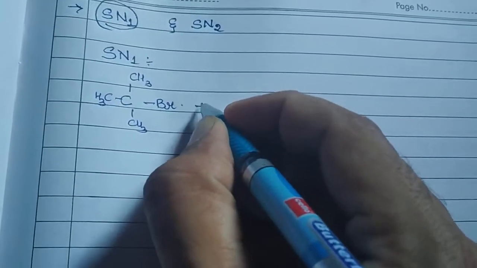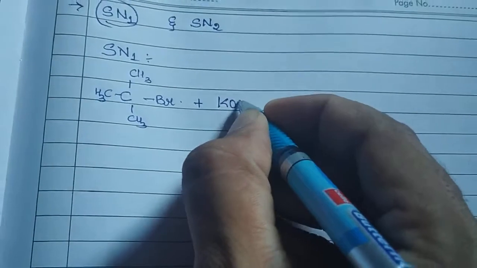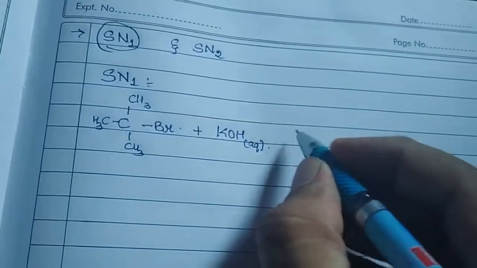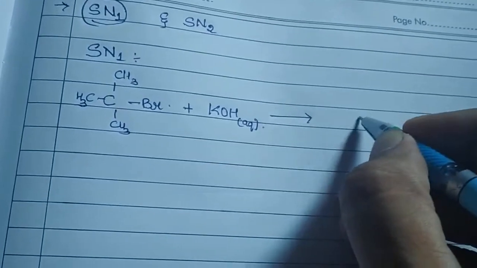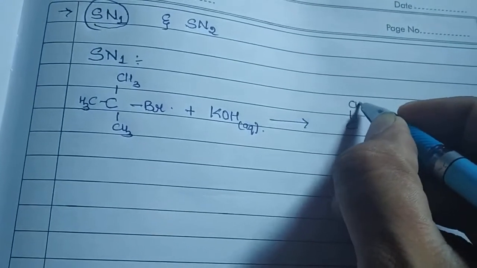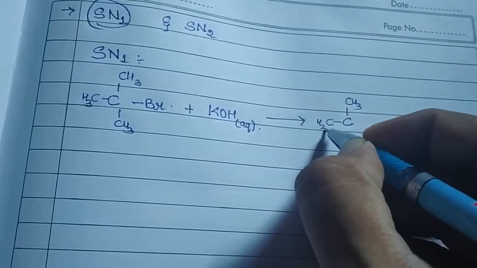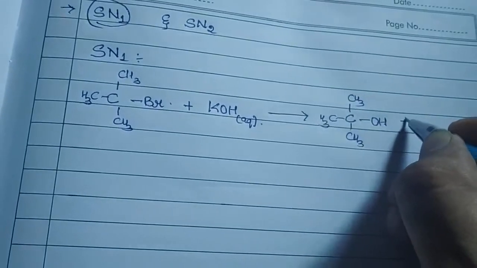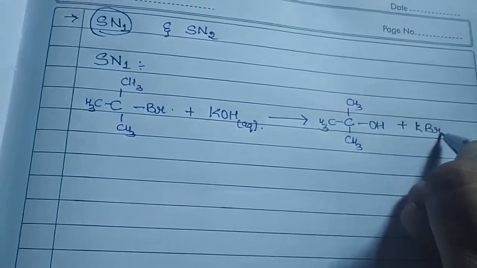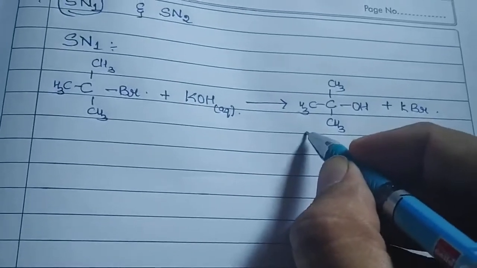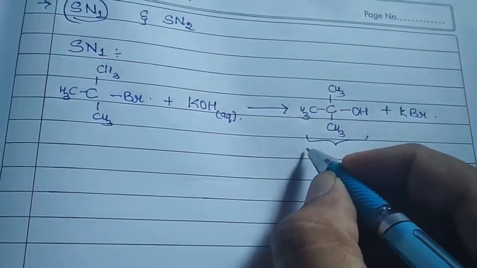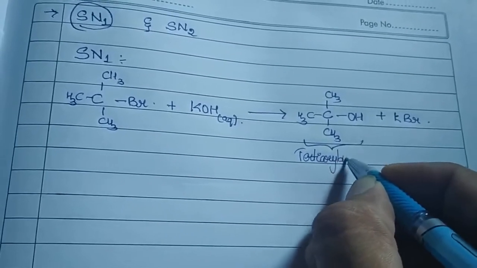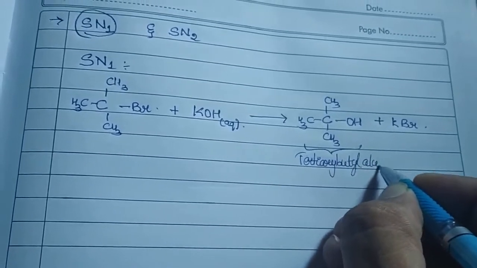So when I am treating this with, remember, aqueous KOH, what I am getting, of course, I would write as (CH3)3C-OH plus KBr. Of course, the product I obtained is your tertiary butanol, tertiary butyl alcohol. Common name, I'm just saying.